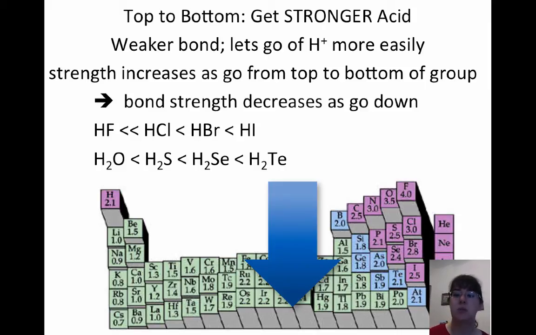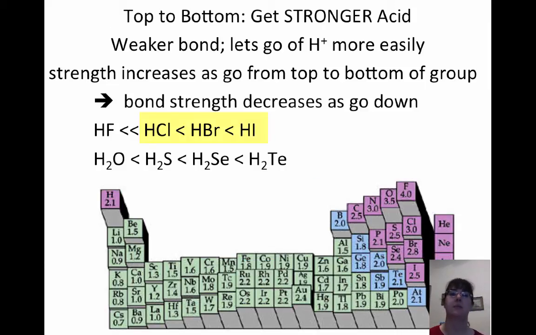This explains why hydrochloric acid, hydrobromic acid, and hydroiodic acid are all strong acids, but hydrofluoric acid is not. If you recall another periodic trend, not only electronegativity but also electron affinity, these describe how well an atom can hold on to something on its outer valence.